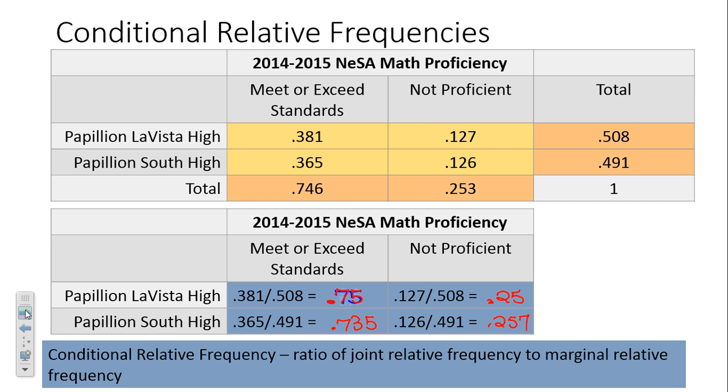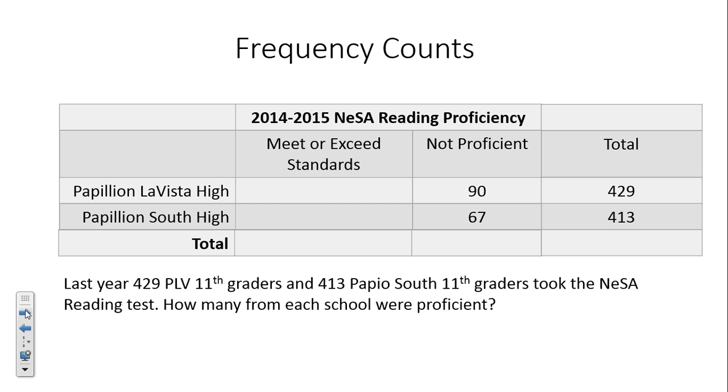Now, I've given you frequency counts for the NeSA reading. I want you to do this next group of examples and see if you can do the same things that we just did, because repetition and practice makes perfect, right? So now I've given you NeSA reading results, and I've told you how many were not proficient, and our numbers have changed a little bit. NeSA reading is, I think, one of the first ones that we do, or writing.